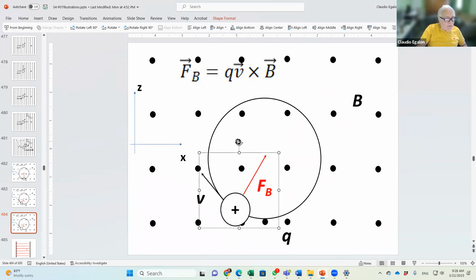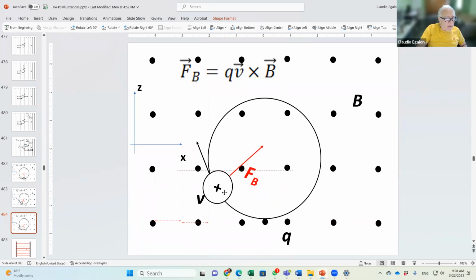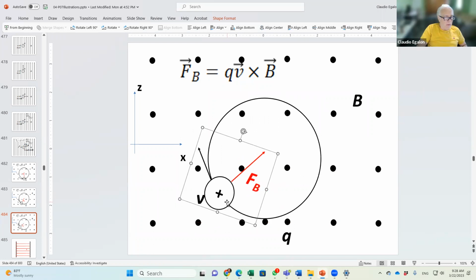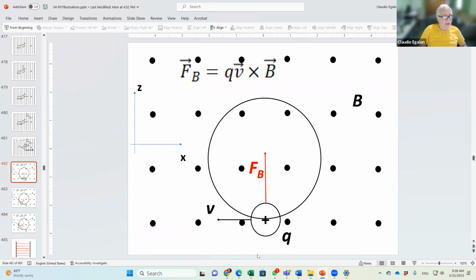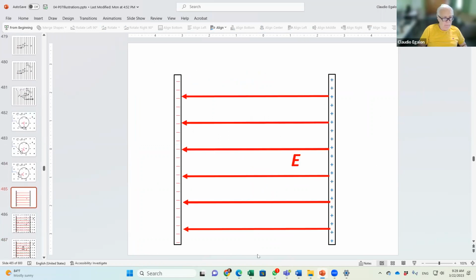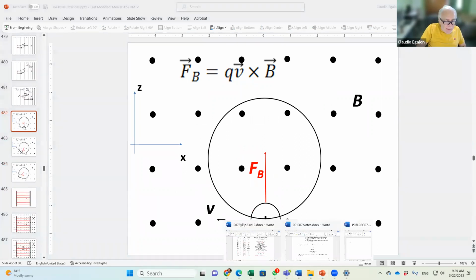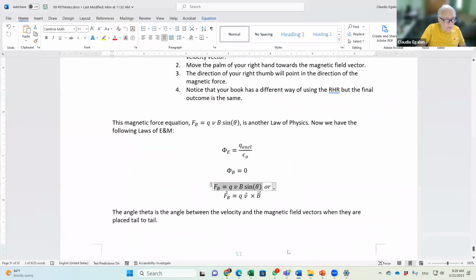If this charge moves a little bit further, so let's say here. Now you can start seeing a type of circular motion. So let's document that in the notes.